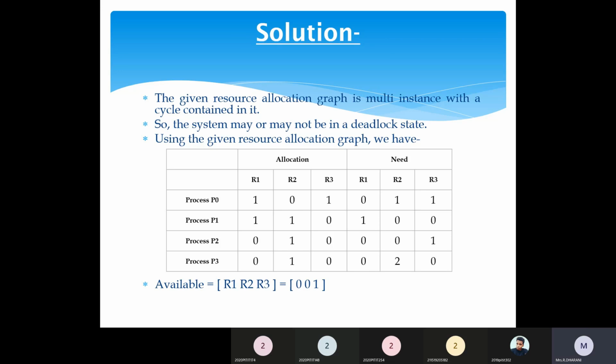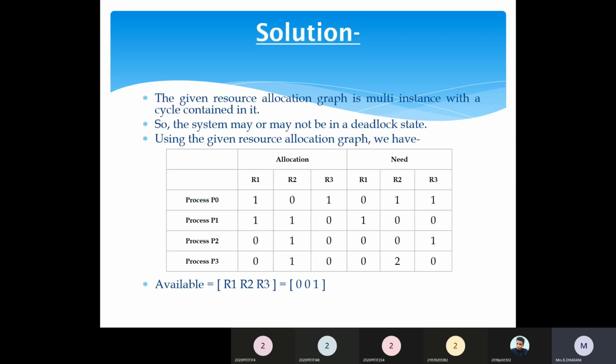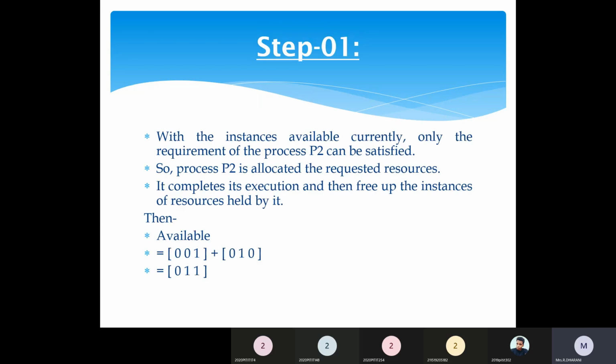Now, with the current availability of instances, only the requirement of process P2 can be satisfied. So process P2 is allocated the requested resources, completes its execution, and then frees up the instances of the resources held by it. What is already allocated for process P2?